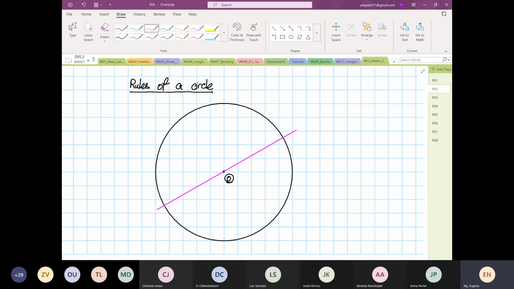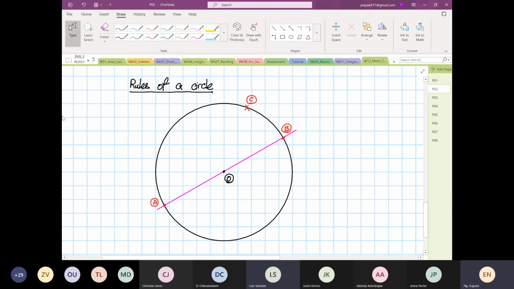I'm going to pick a point over here. Then we have point A labeled at this point. This is my point B, and where I pick a point, this is my point C.